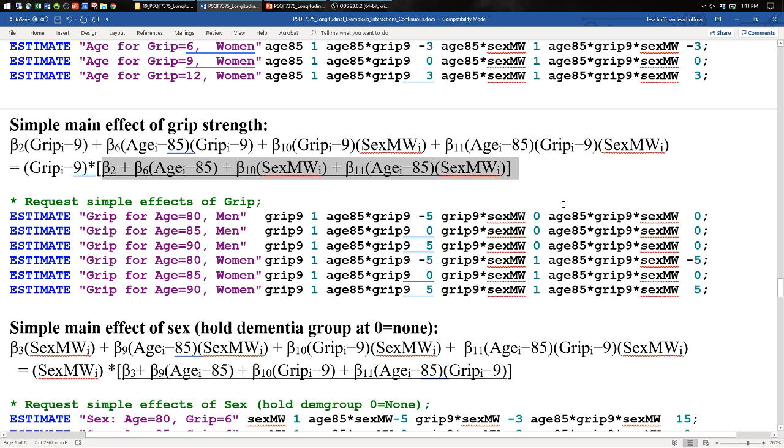So now it's grip 1 that starts everything off, because at a minimum, the simple effect of grip is given by beta 2. Then we fill in the value for age, for which we want the grip strength slope, according to the two-way interaction of age by grip. We fill in the value for gender, for which we want the grip strength slope, and then we do the multiplication to figure out the three-way interaction coefficients.